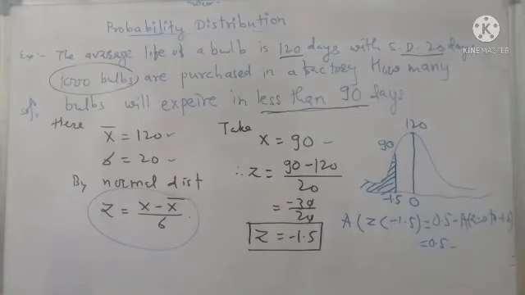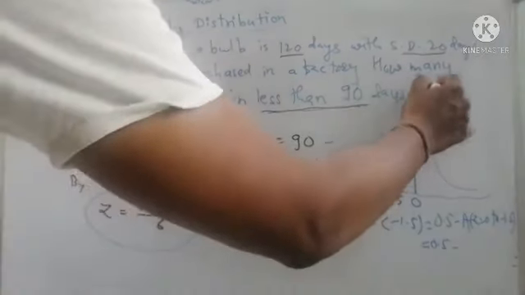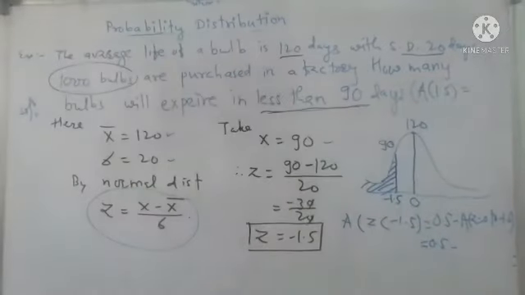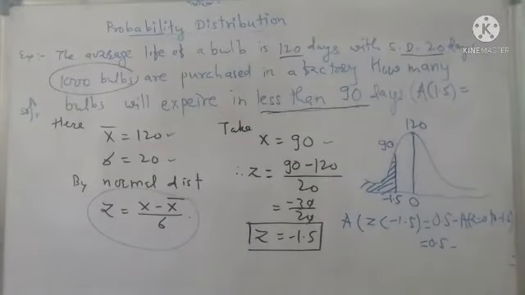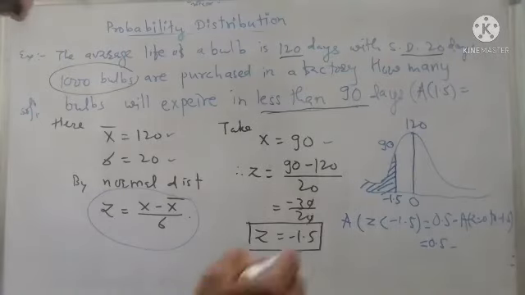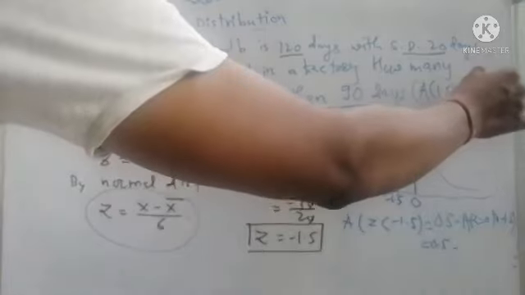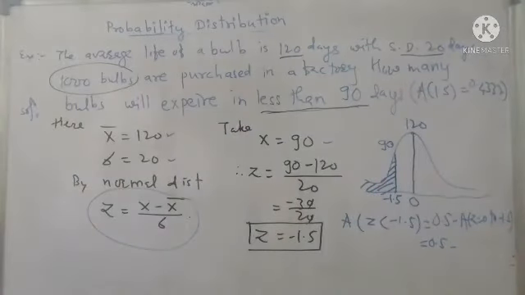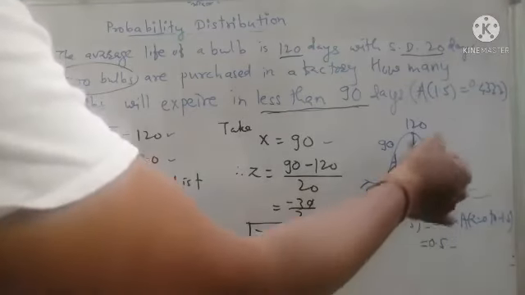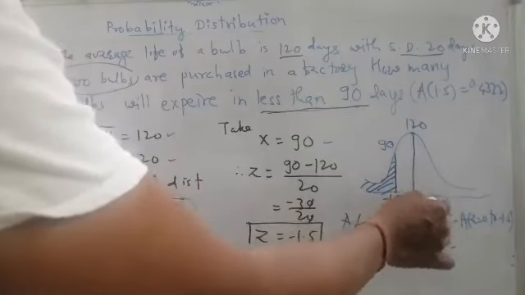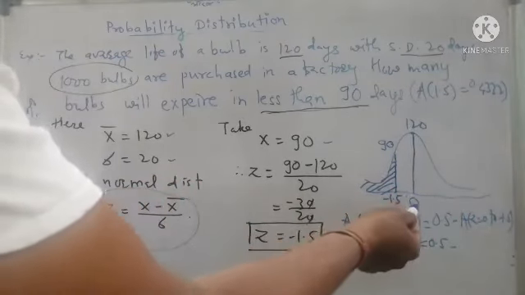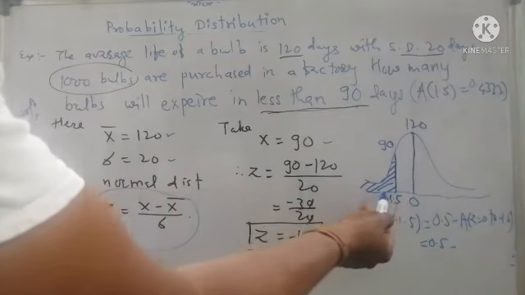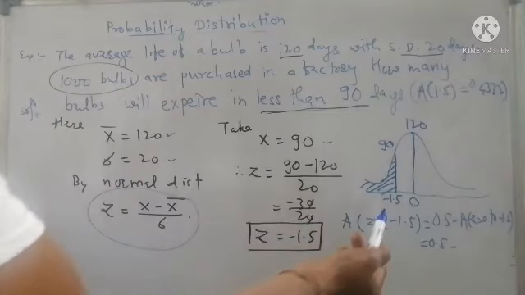To solve such types of examples, we are given the area for 1.5 as 0.4332. That means the area from 0 to 1.5 is 0.4332. As this is a symmetric curve, the same area is on the left hand side from 0 to 1.5. As it is on the left hand side, the sign of the value will be minus.